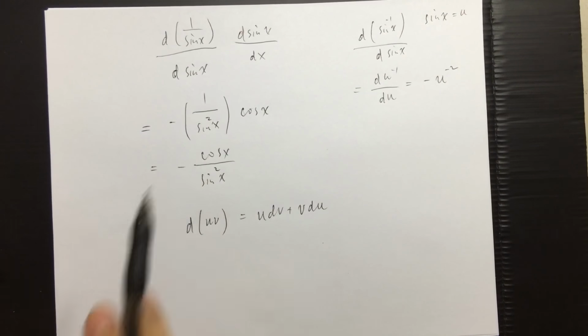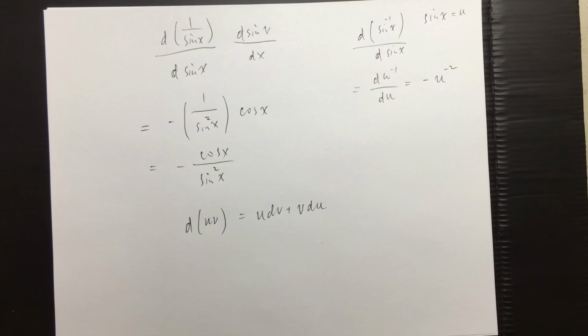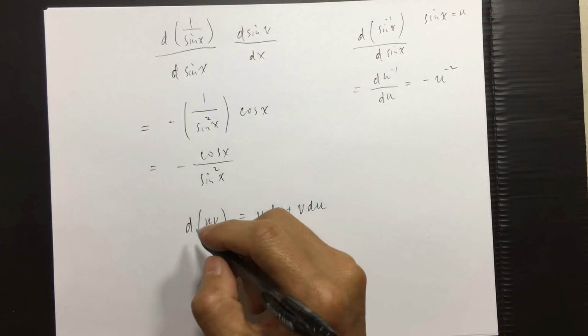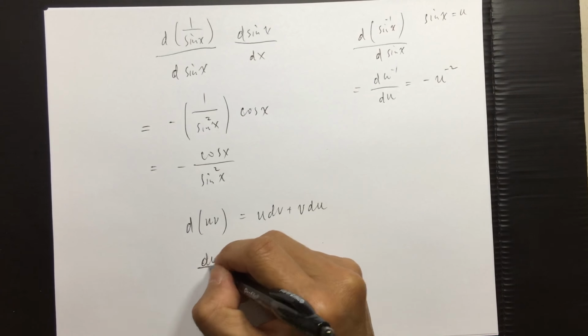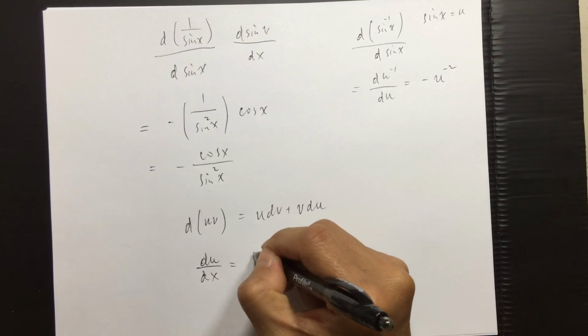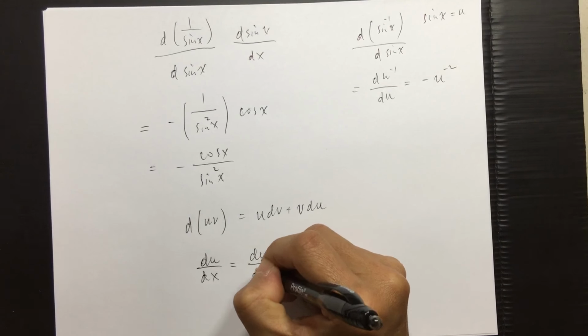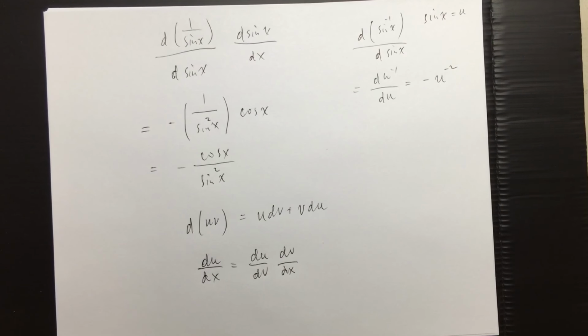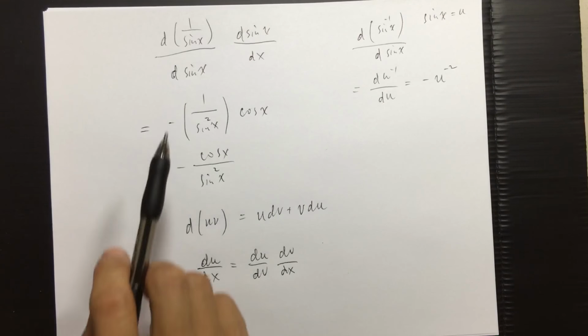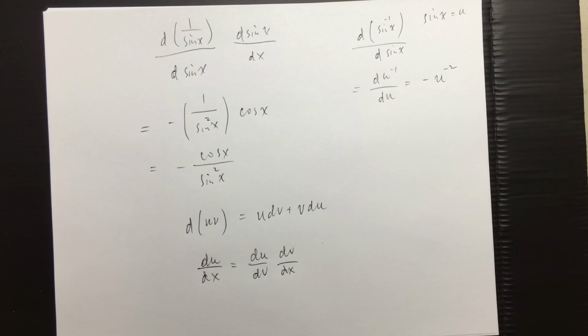Between these two rules, you can do du. You don't know how to do this, du dx. You don't know how to do this, you do du dv dx. Okay, these two rules. You can do a lot of business.